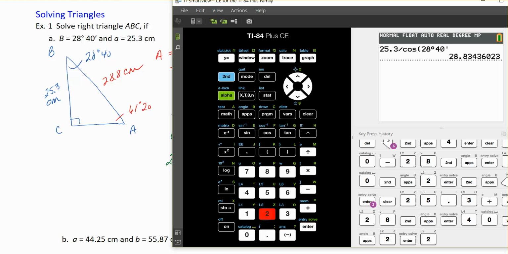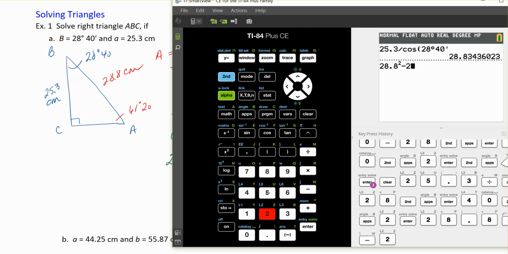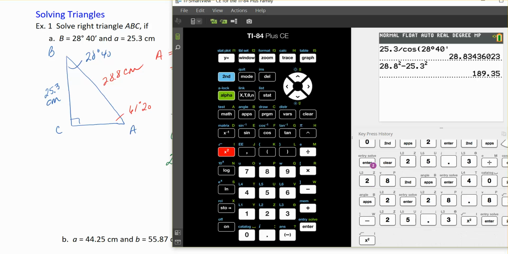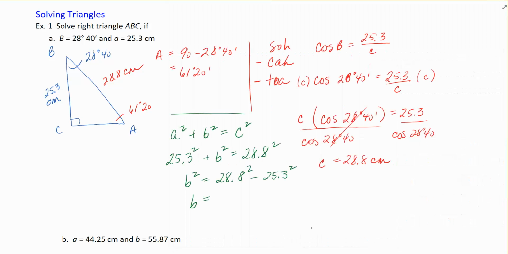So I have 28.8 squared minus 25.3 squared, and then I'll take the square root of that, and I find out that side B is 13.8 when I round.